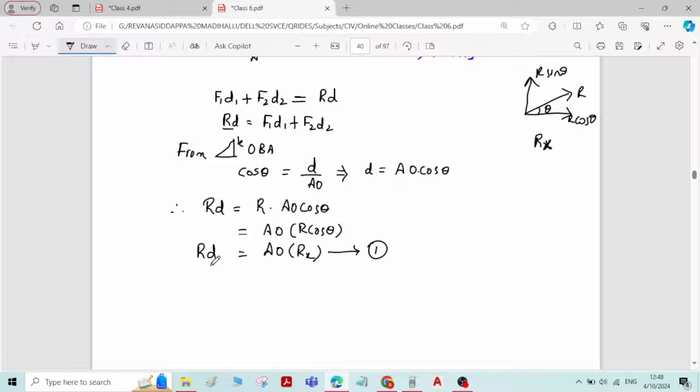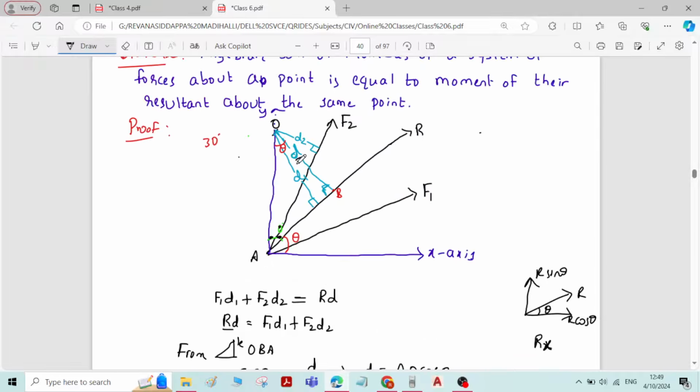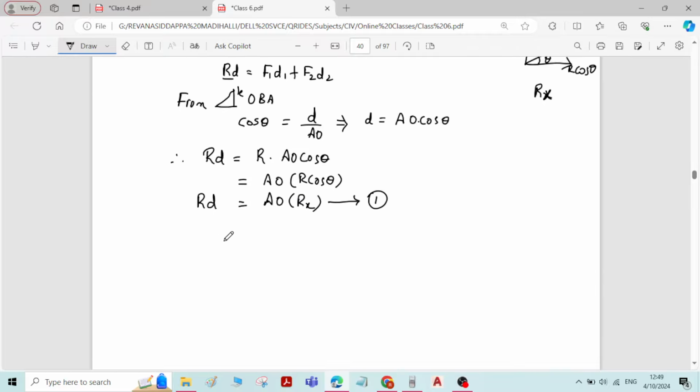When you formulate the equation for R into D, you get AO into Rx. Similar to this, if you formulate the equations for F1 D1 and F2 D2 by taking the corresponding right angles formed by the lengths D2 and D1, you will get the F1 D1 equation as AO into F1x.